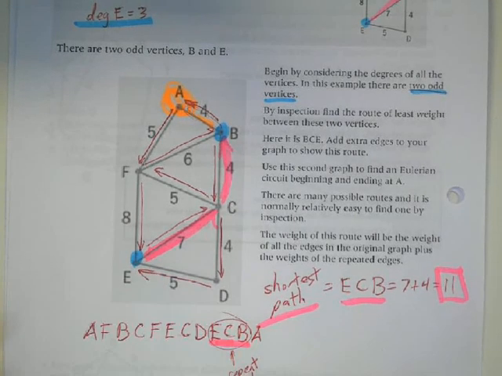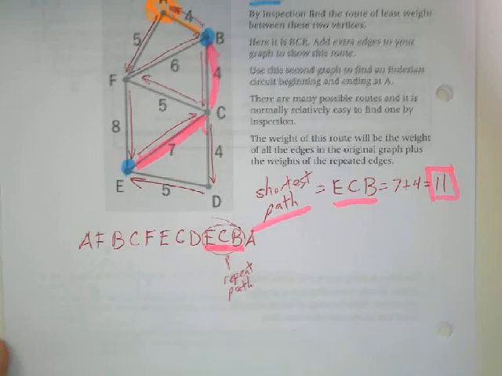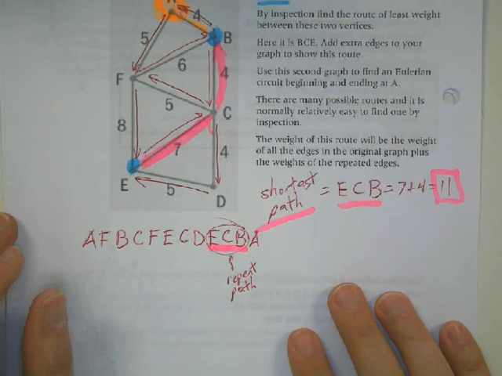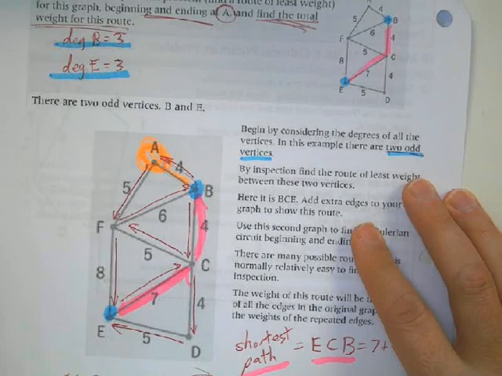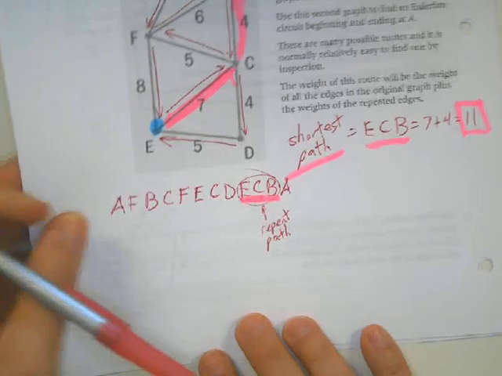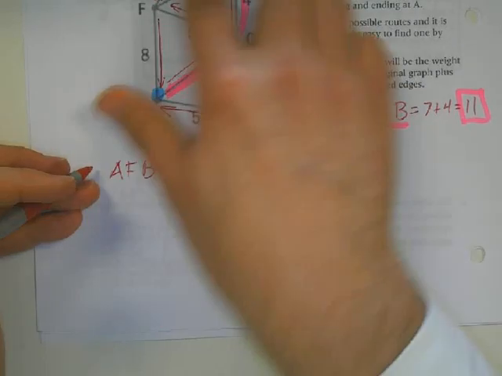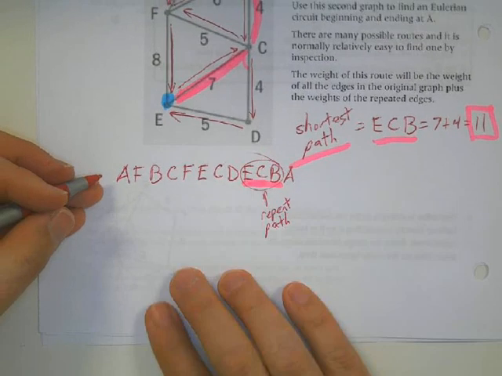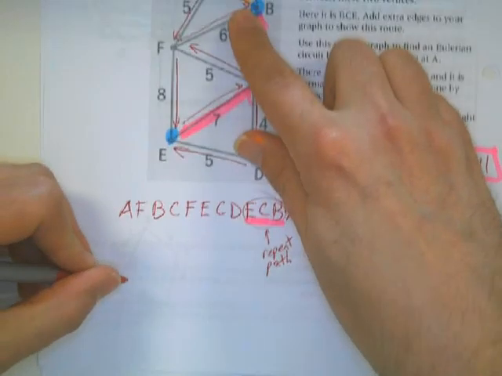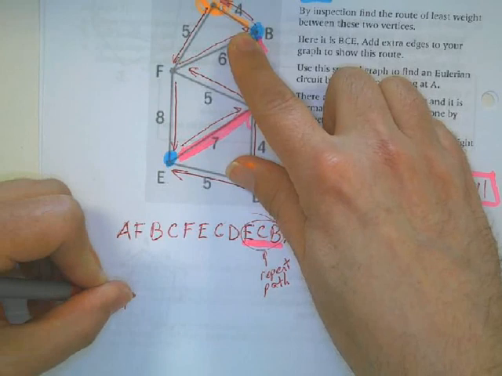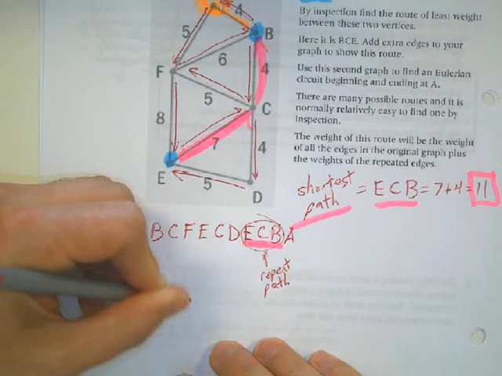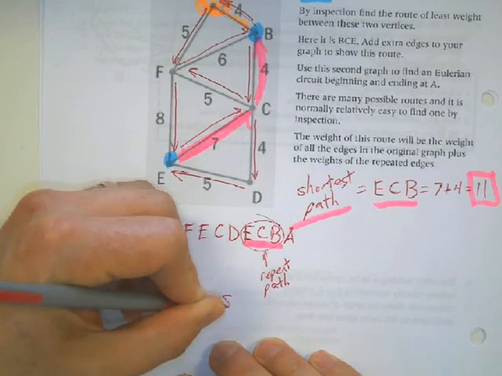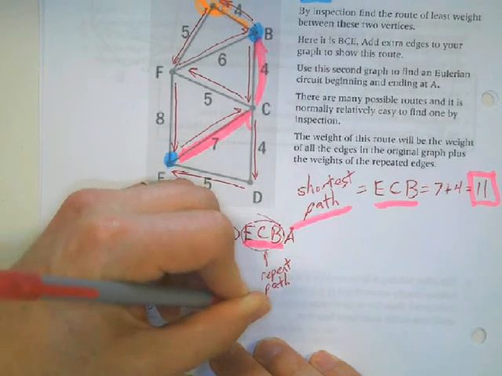Now we need to find the total weight of this route. First of all, I'm going to find the total weight of everything, adding everything we've got: 4 plus 5 plus 6 plus 4 plus 5 plus 8 plus 7 plus 4 plus 5.